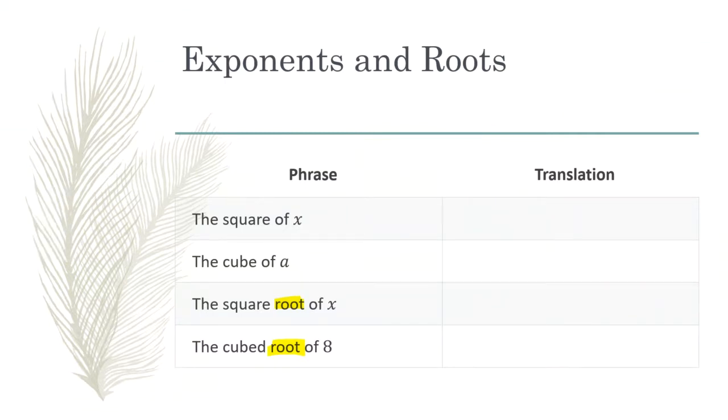If it says the square, that means you are squaring, or have an exponent. So the square of x would be x squared. The cube of a would be a to the power of 3, a cubed. But if it says the square root, that is the square root symbol instead.